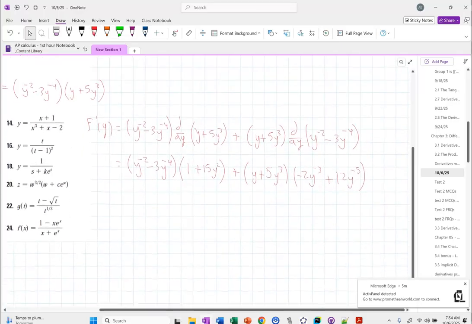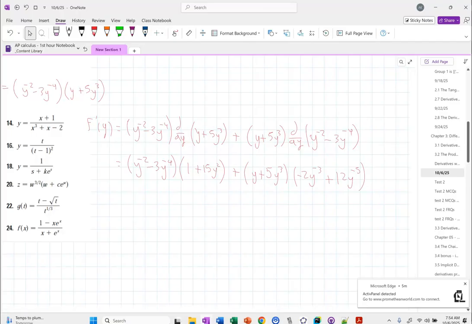And at this point, the calculus is done. Anything that's left would just be algebraic cleanups. So in a free response test setting, you could stop here. There's no need to FOIL this out or combine like terms. If it's a free response question, this is finished enough for me. It would be the same on the AP exam unless it specifically said, like, show this derivative is equal to this, where it needs you to fill in all the steps.